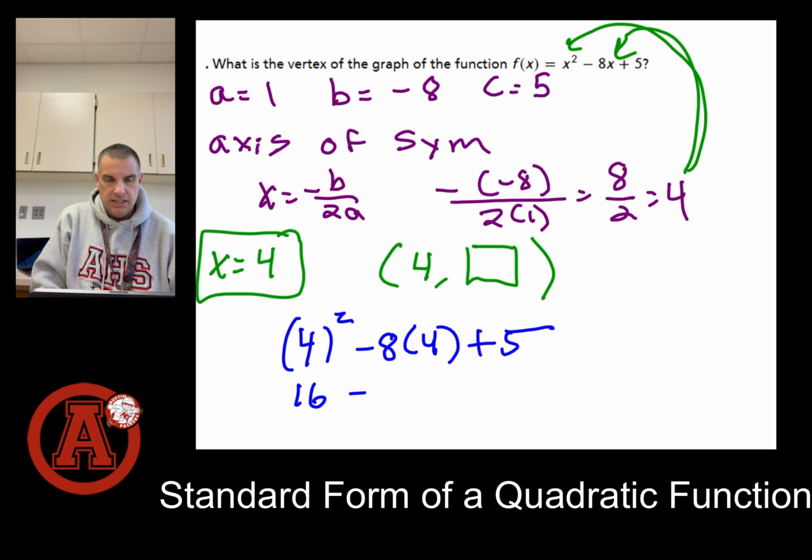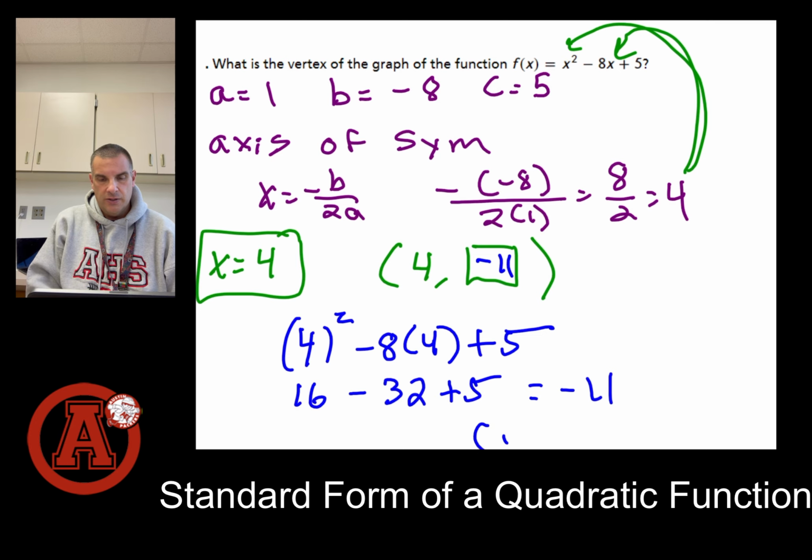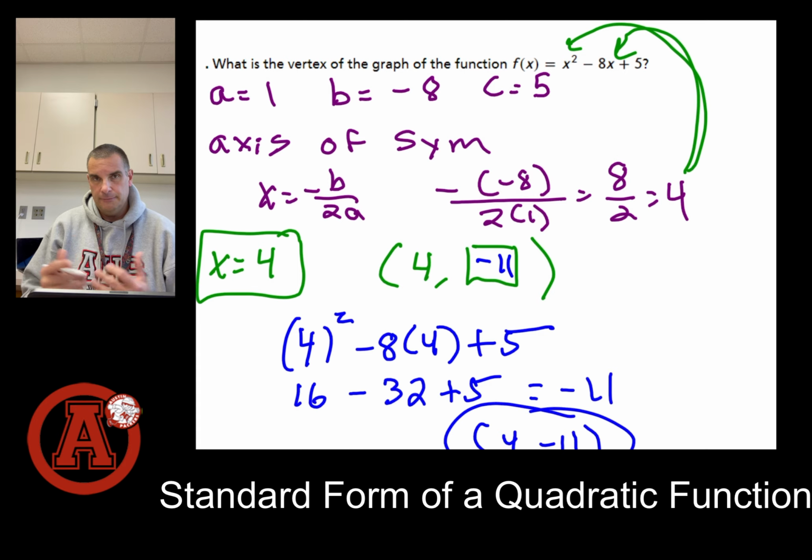So 16 minus 32 plus 5. I believe that's -11. So -11 goes in there. So our vertex for this is (4, -11). And you're done. That's finding the vertex of a quadratic function.